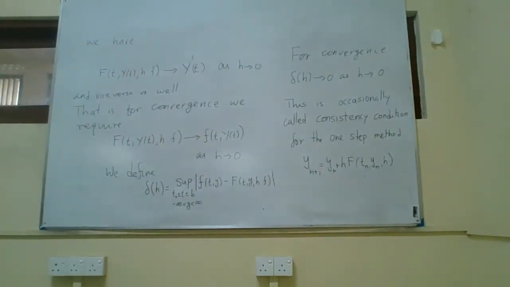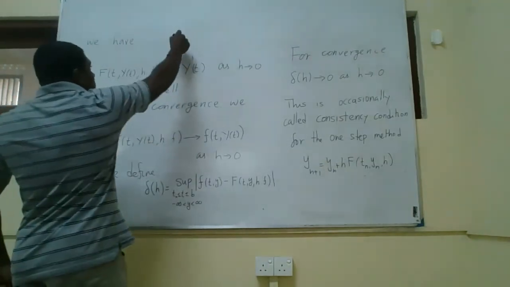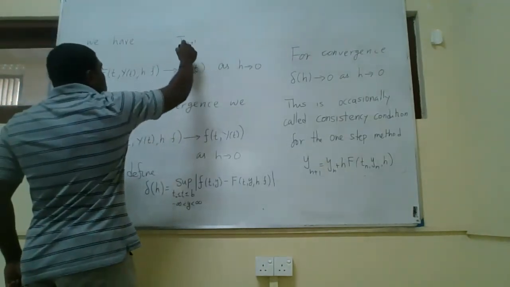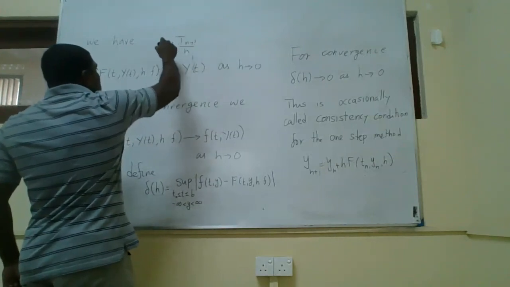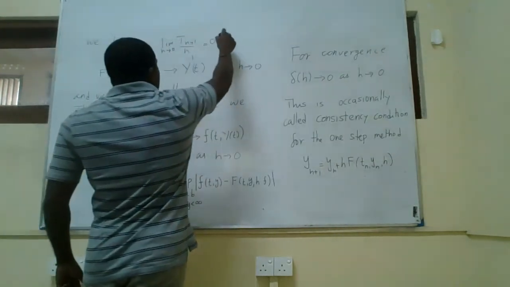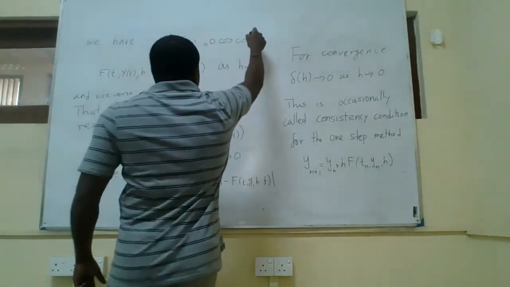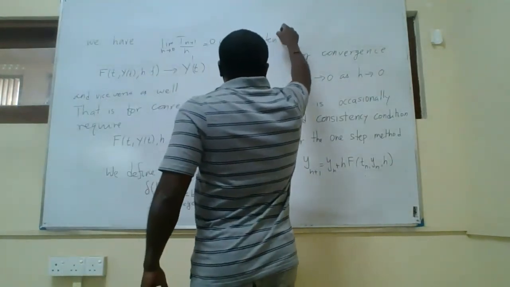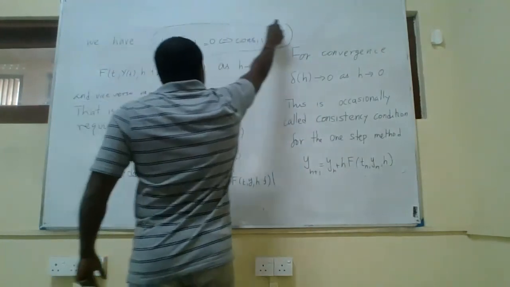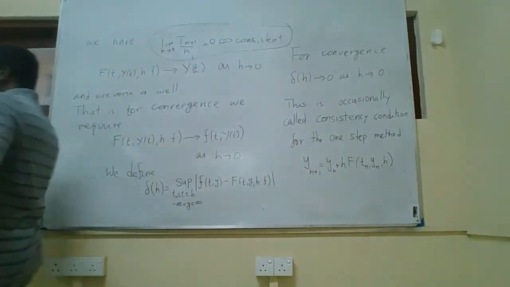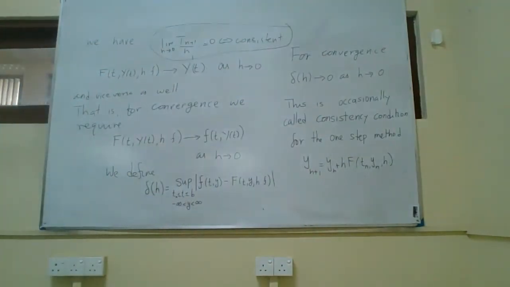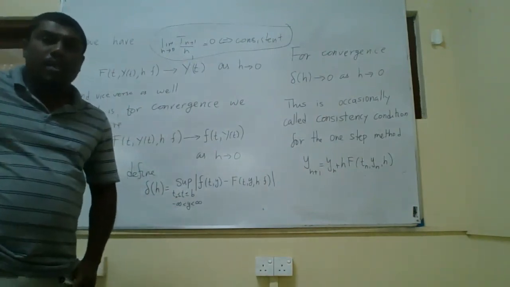Right. So if you recall what we learned in the linear multi-step method, there also you can see that we did something like this, right? So we see Tn plus 1 over h, limit h goes to 0, if and only if consistent, right? So we have this kind of a definition for consistency in linear multi-step methods when we studied them.